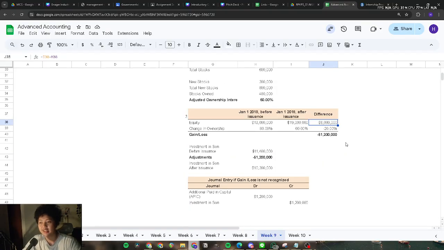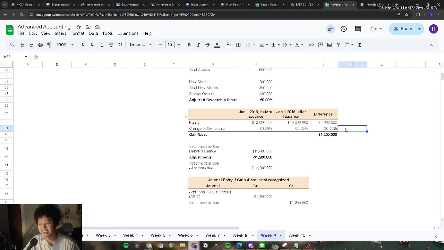Okay, but then since you incur the loss due to how your ownership decreases, you will recognize 20% of those differences, the 6,000 difference, as a loss. Well, I wouldn't necessarily say it's a loss.